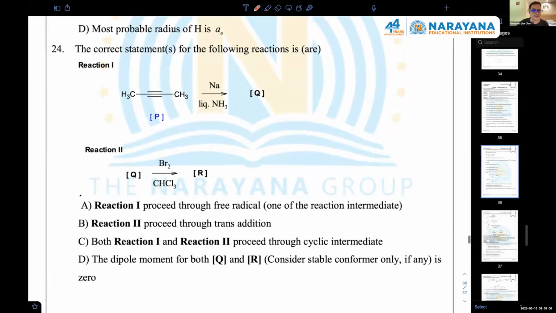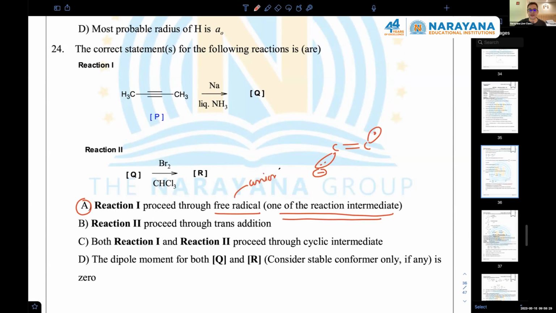This language, when I saw it in the morning, is actually not perfect. "Proceed through free radical": one of the reaction intermediates, actually in the same reaction we get a radical as well as an anion. So they should not write like this. It should be "anionic free radical".